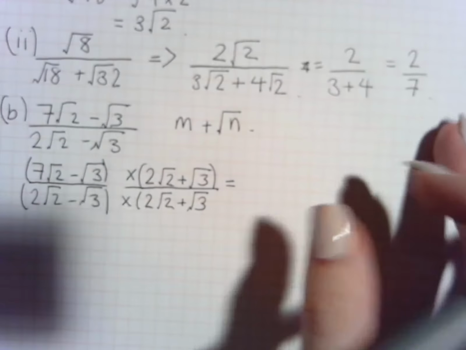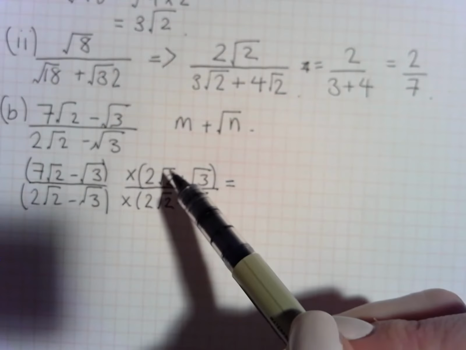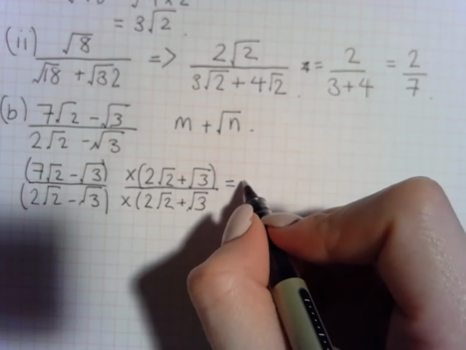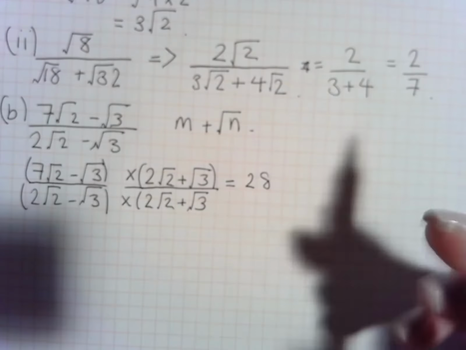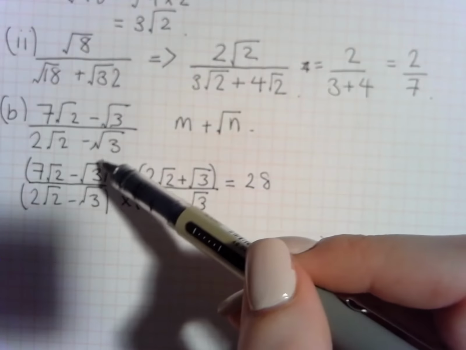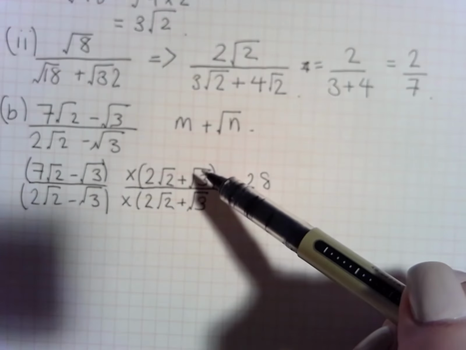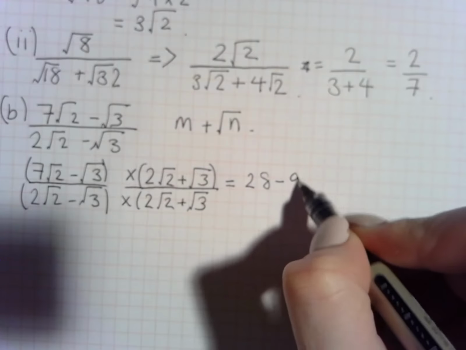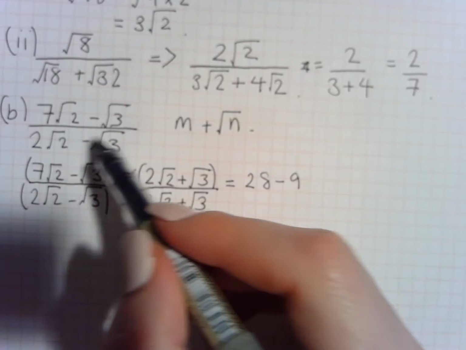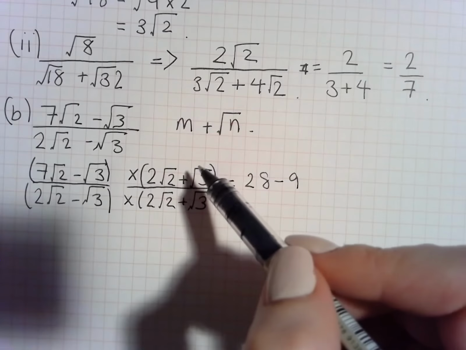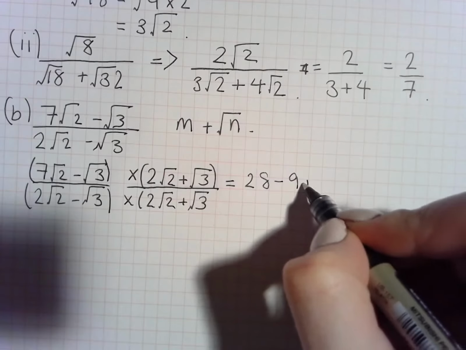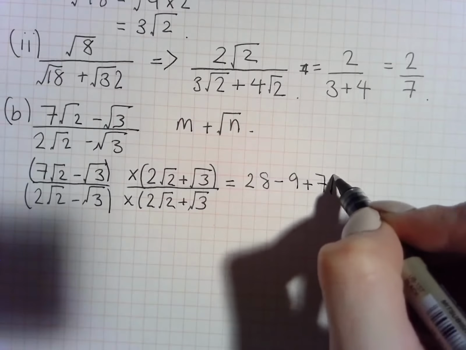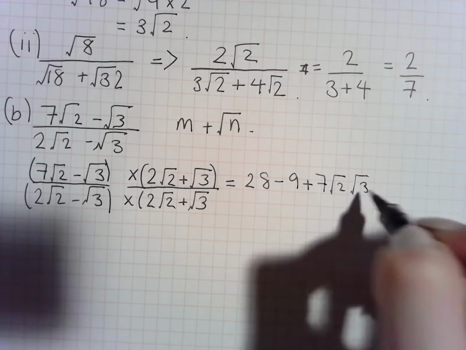Okay, so 7 root 2 times 2 root 2 is 14 times 2, which is 28. Minus root 3 times plus root 3 equals minus 9. 7 root 2 times plus root 3 is 7 root 2 root 3.